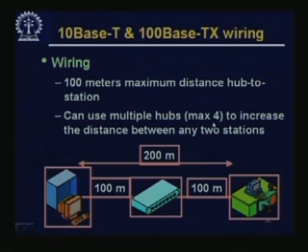You can use multiple hubs, maximum 4, to increase the distance between any two stations. So a hub may go to another hub, that may go to a station again. So now there are 3 segments. You can use a maximum of 4 hubs and 5 segments with 100 meters from the node to the hub.